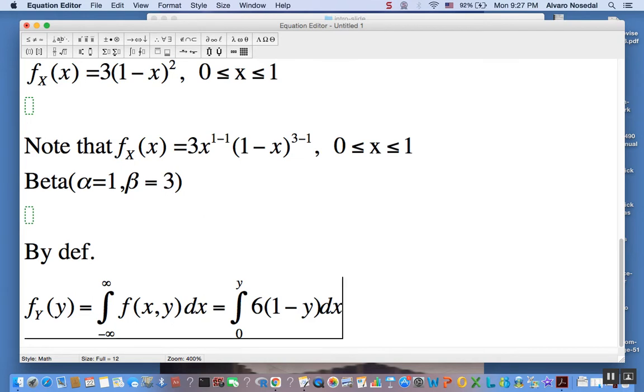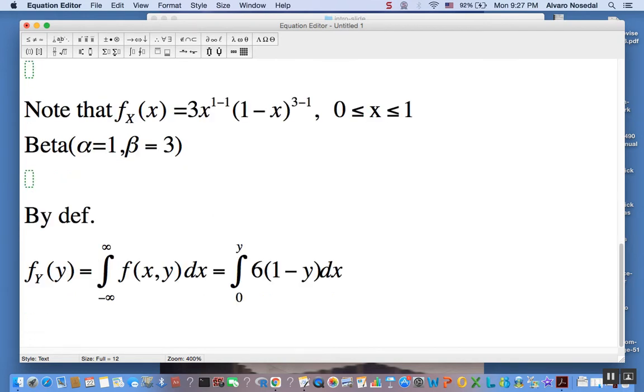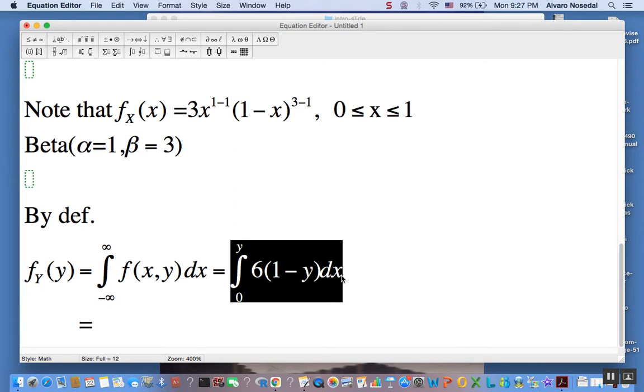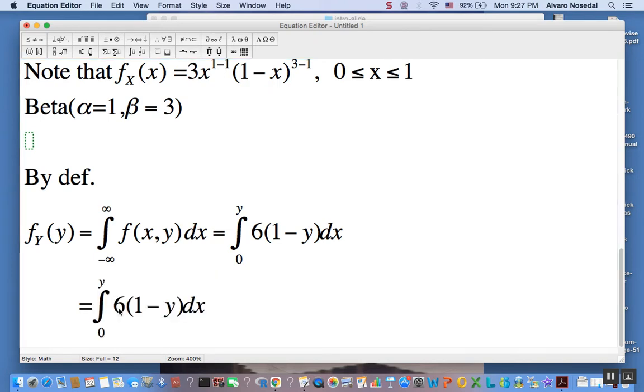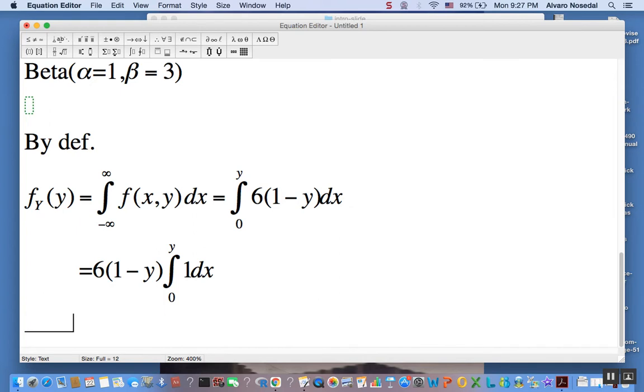Okay, and that's the joint probability density function. Now note something really nice about this. 6 times 1 minus y with respect to x is just a constant, so we get to pull all that out. That will be our next step. And this will be just a 1, and that's an easy integral. That's just going to be x. Agreed?